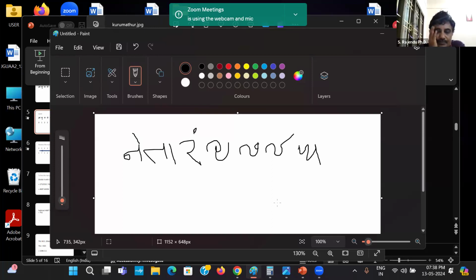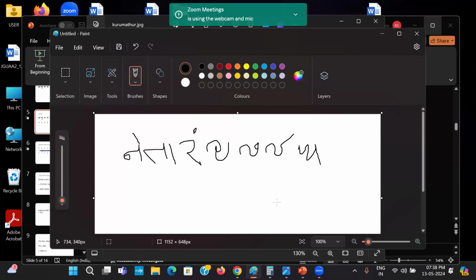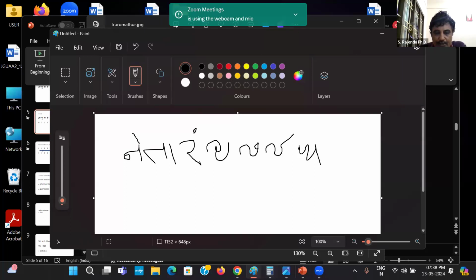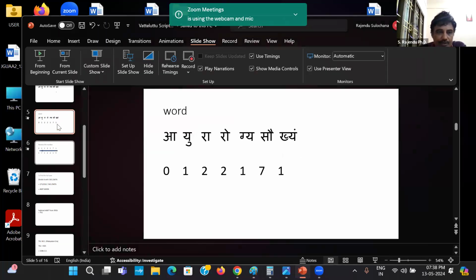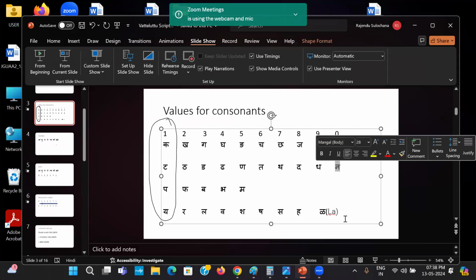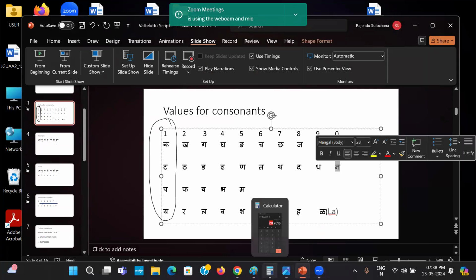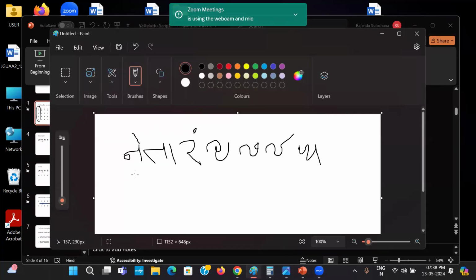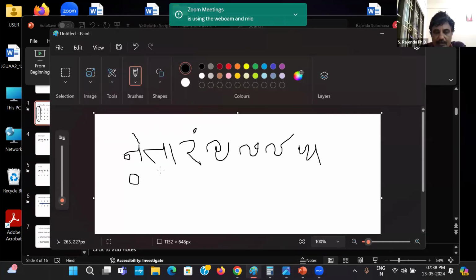You can find Na is 0, no? What is the value corresponding to it? You can check your chart here. 0. Then Ta is 6.